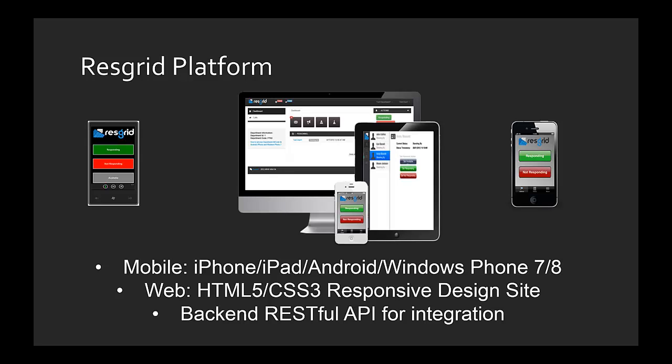The Resgrid platform is a combination of mobile applications on the iPhone, iPad, Android, Windows Phone 7, and Windows Phone 8 platforms. And we will be extending into Windows 8 apps as well. And a web-based HTML5, CSS3 responsive design.